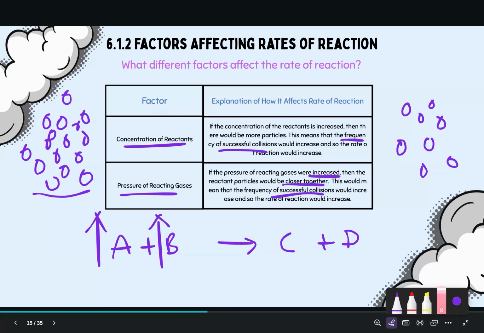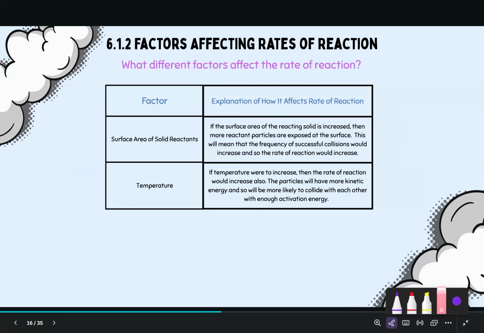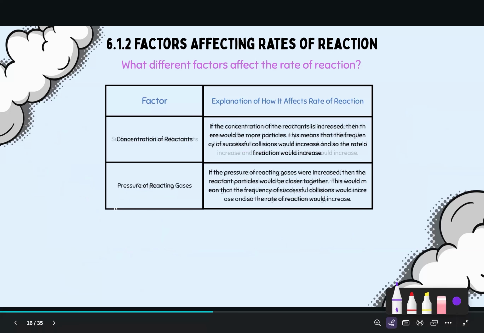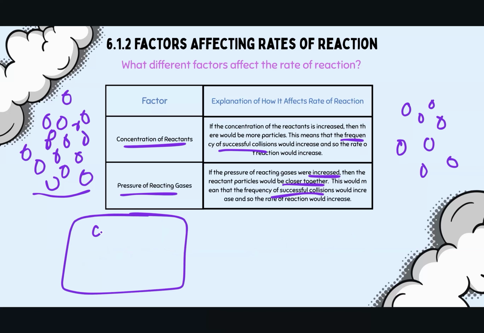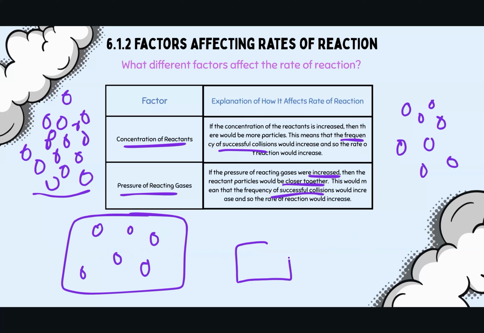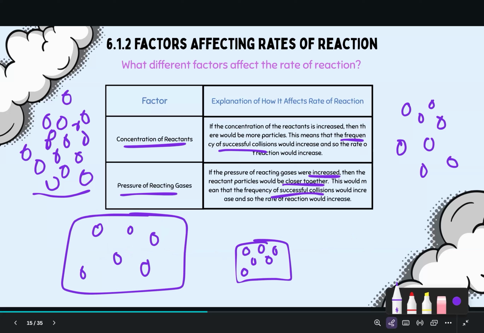So let's understand this really quickly. All the particles are within this much area. We increase the pressure, in other words, we decrease the space for the particles. So we have the same number of particles, but within a smaller space, there's a higher pressure.